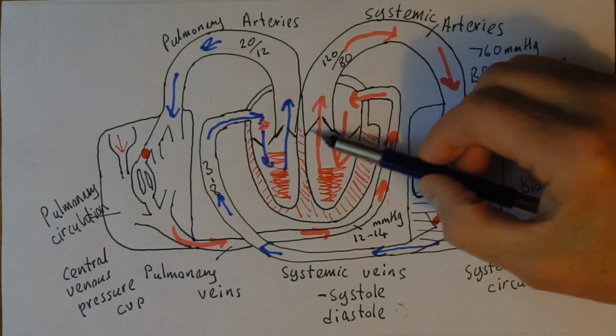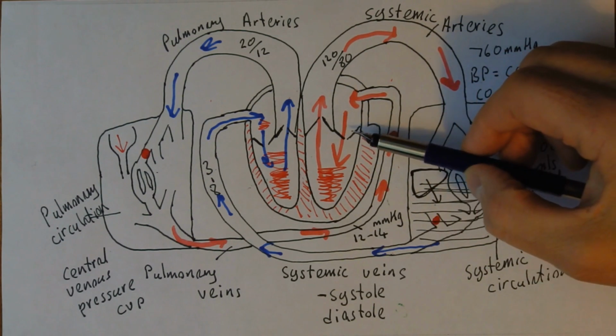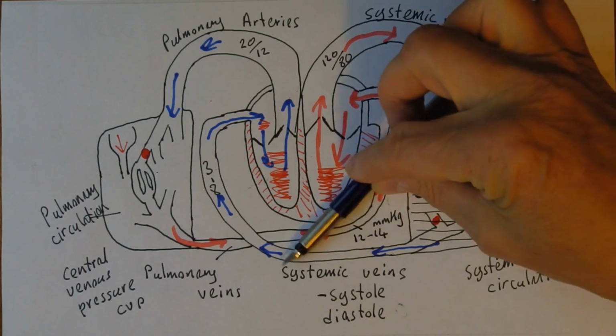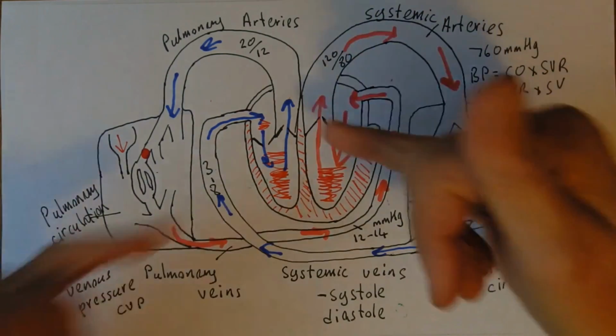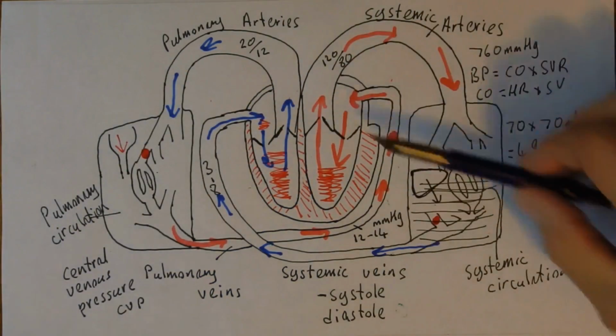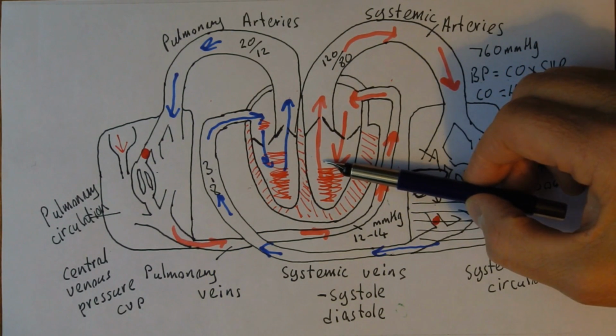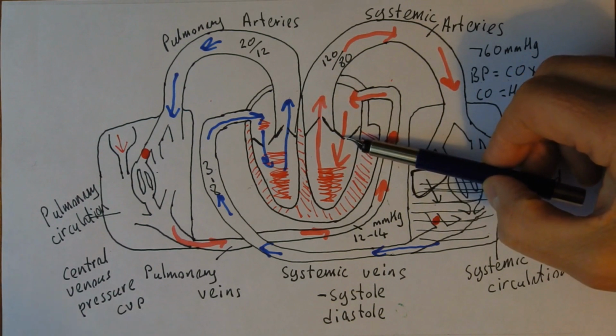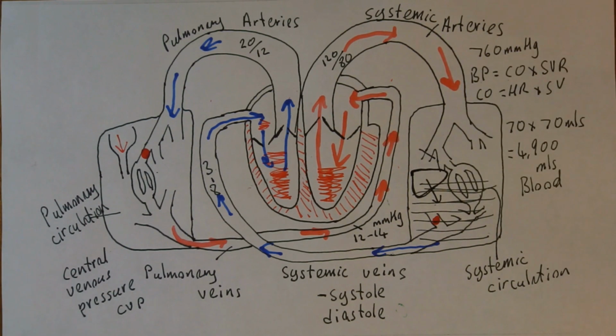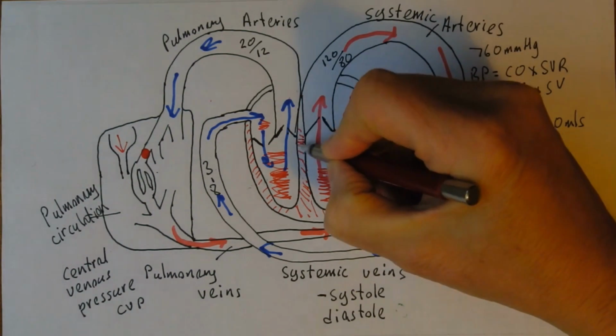As would failure of the aortic valve. After ventricular systole, the aortic valve would normally close to prevent regurgitation of blood from the aorta back into the left ventricle. So failure of each of those valves would be a problem. As would failure of the left ventricular myocardium.